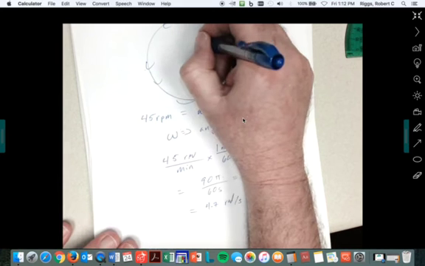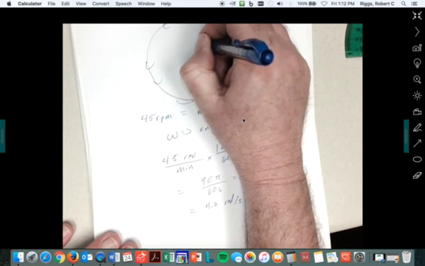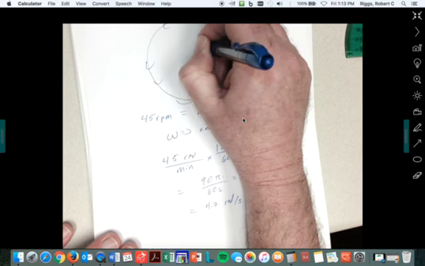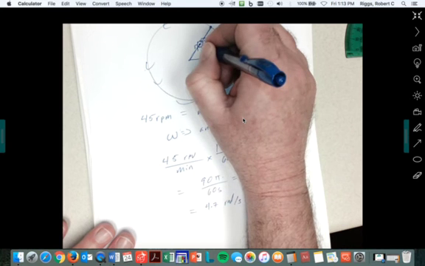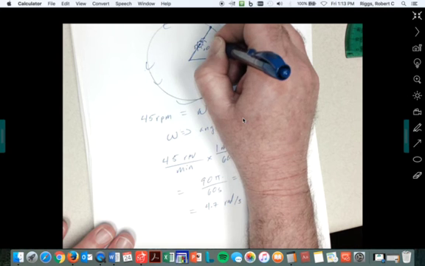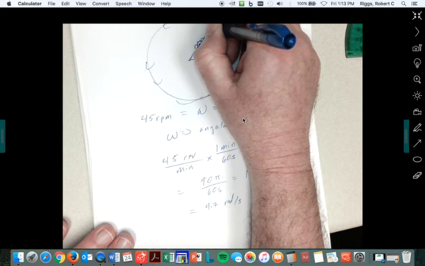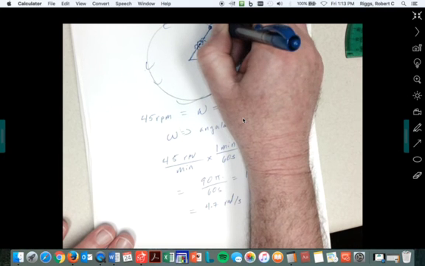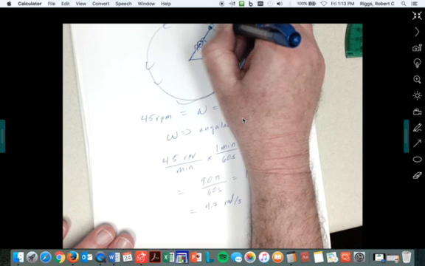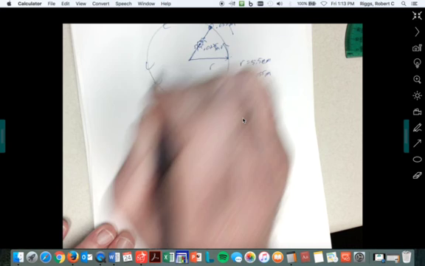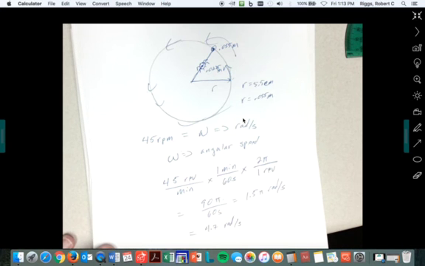Let's say we've got a ladybug at this juncture, which is at her center of mass, let's say, at 0.0275 meters, and then this bug is at 0.055 meters.